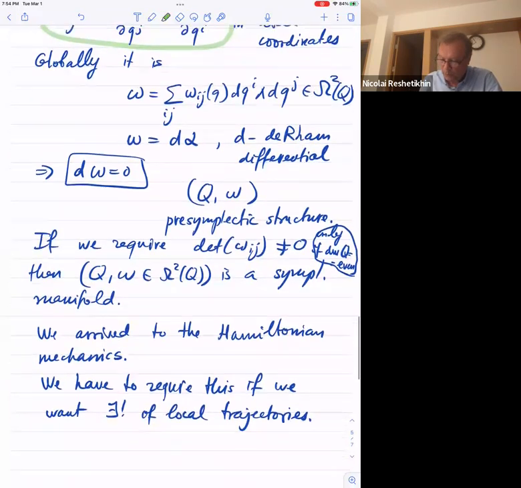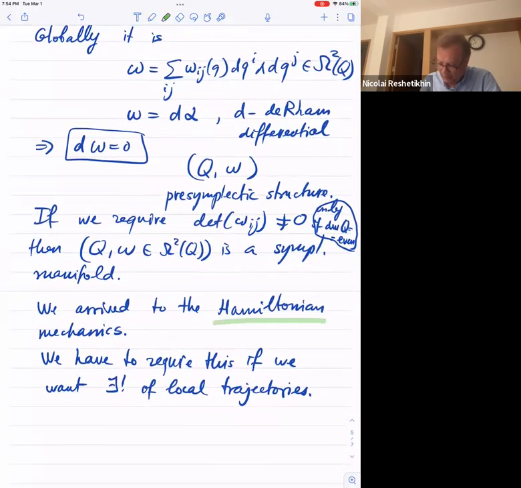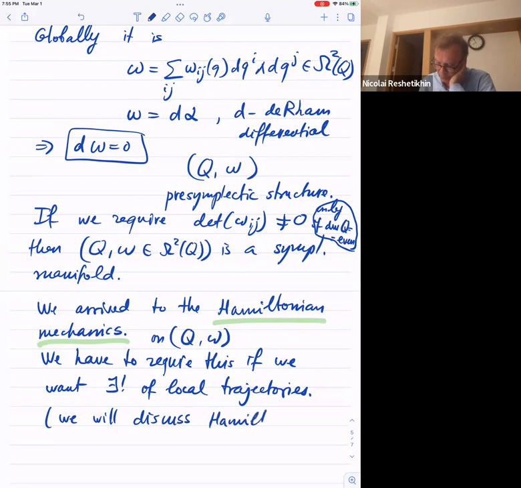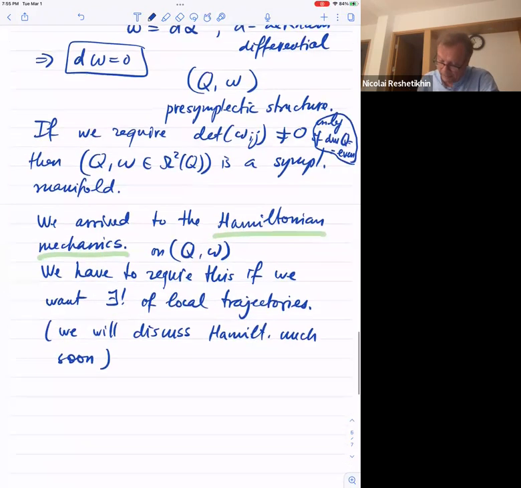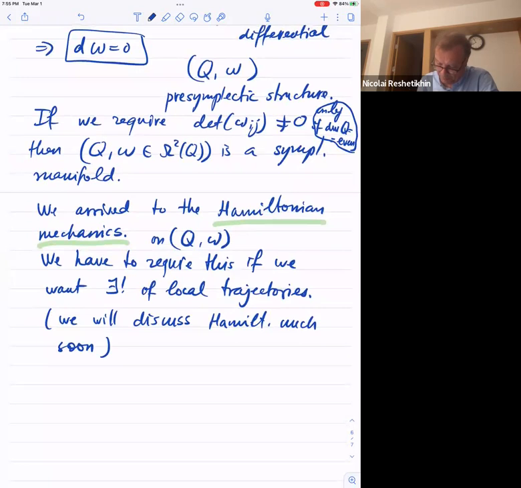Once it's non-degenerate, we arrive at Hamiltonian mechanics, on Q with this symplectic structure. Okay. So we will discuss Hamiltonian mechanics soon. But now let's just continue with the Lagrangian mechanics.